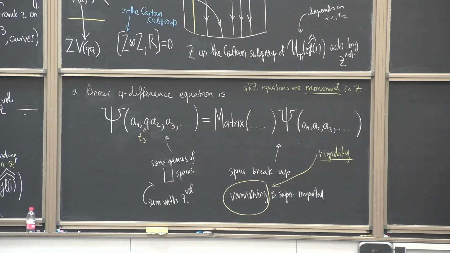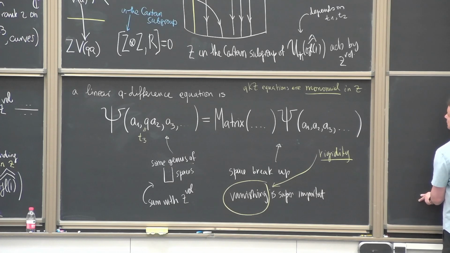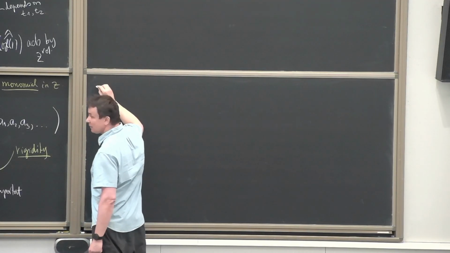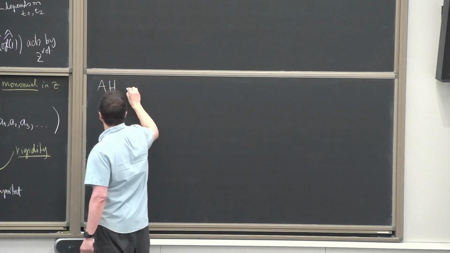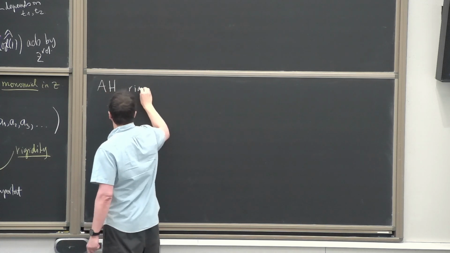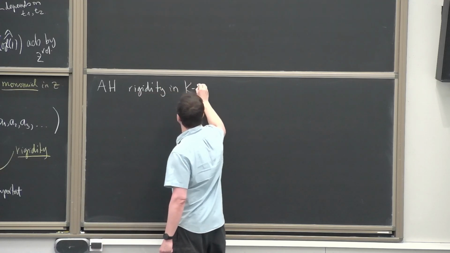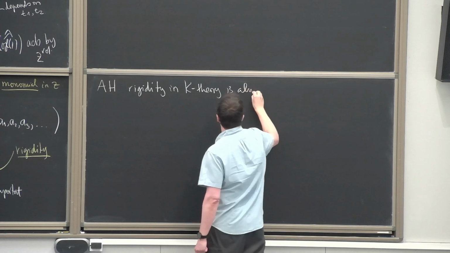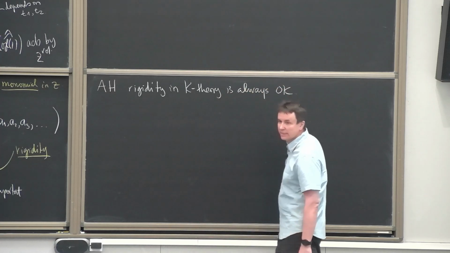Now what sort of rigidity can we use here? I remind you, for this kind of T here, it's Bott rigidity. In K theory it is always okay, for any kind of manifold.